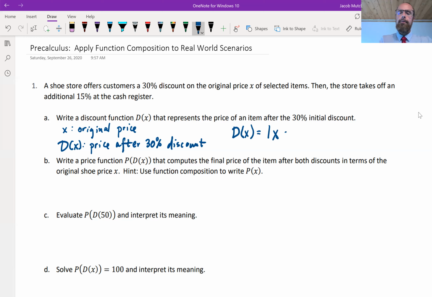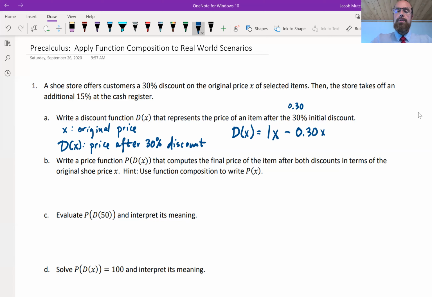And then the 30% discount would be as a conversion to a decimal. So 30% as a decimal is going to be 0.33. I'm sorry, it's 0.30. And the discount would be that rate, 30% times the original price, which we're calling X. So that's a good discount function.